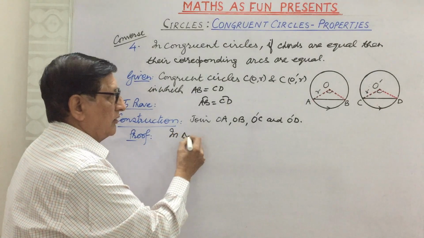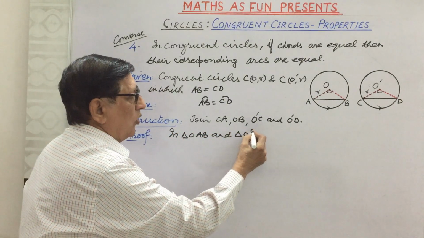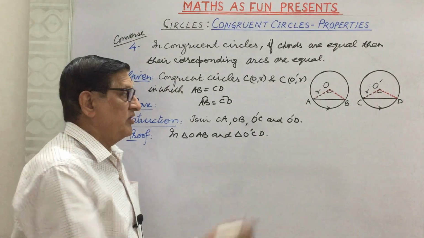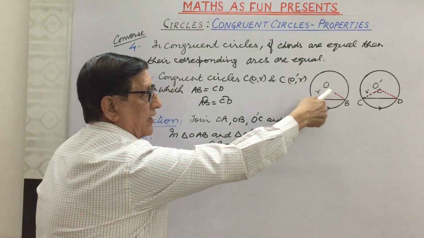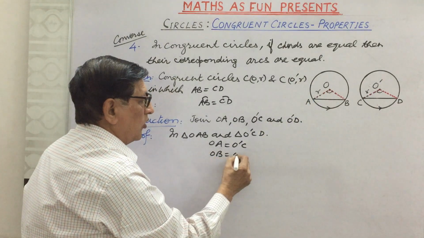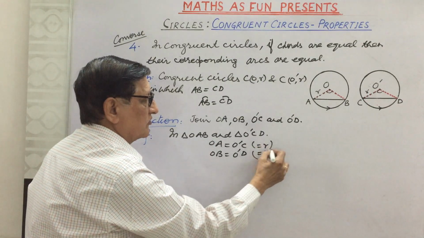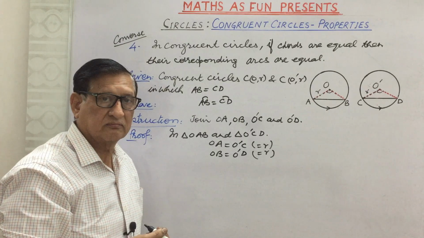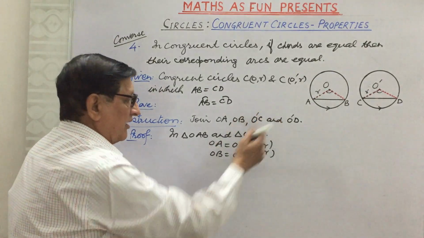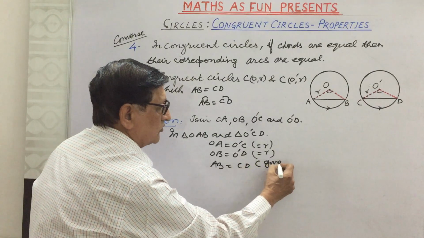In triangle OAB and triangle O'CD, we have OA equal to O'C and OB equal to O'D, that is because all are radii of congruent circles. They are R each. And then we have been given that AB is equal to CD. This is given to us.